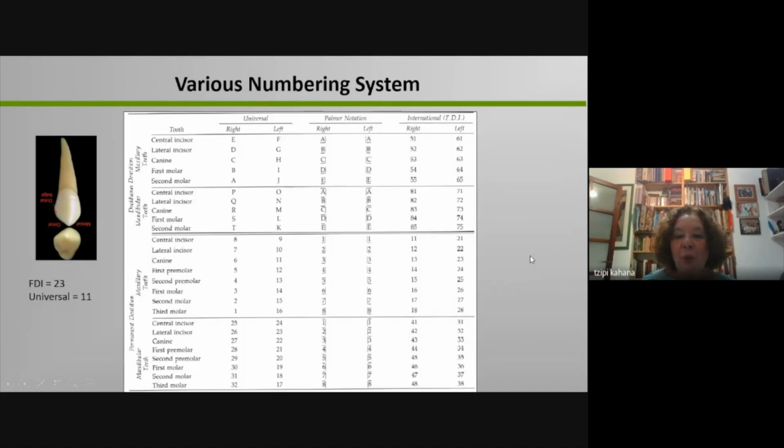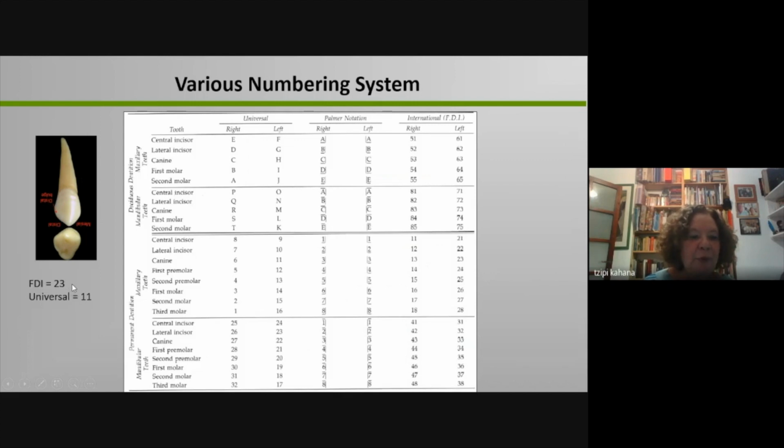Why do I go into this talk about the nomenclature? Because look what happens if we don't know which system we are talking about. Let's say I am in a mass disaster situation, I'm collecting data, and I have contacted an odontologist in the United States.